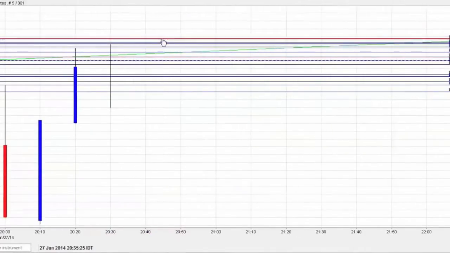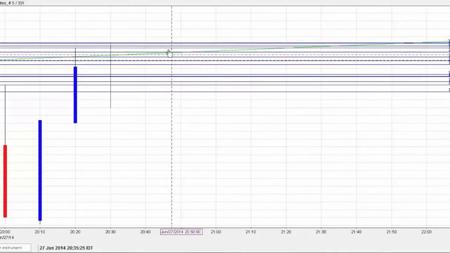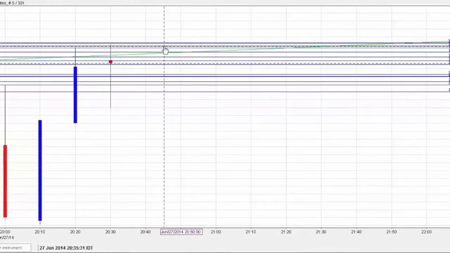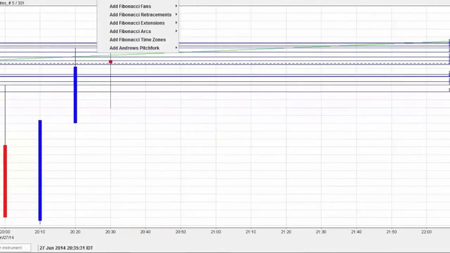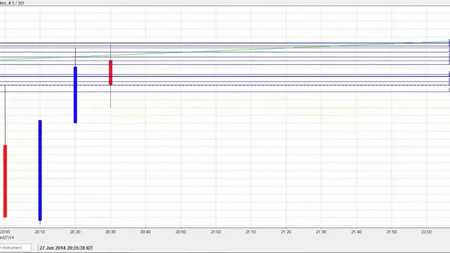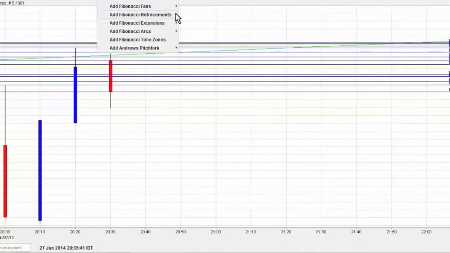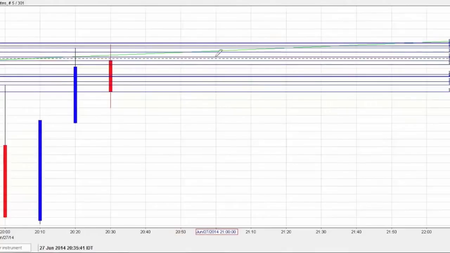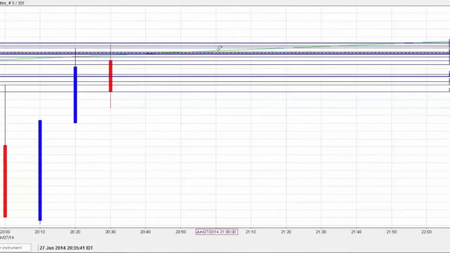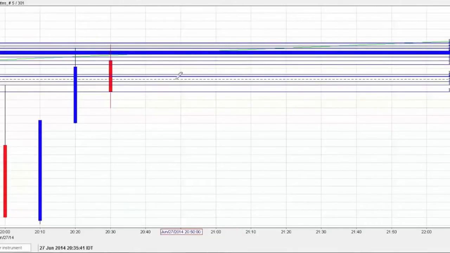I'll take away some of these top lines from the original 3, and you can see that what I was taking was for 438 multiple times and 437.